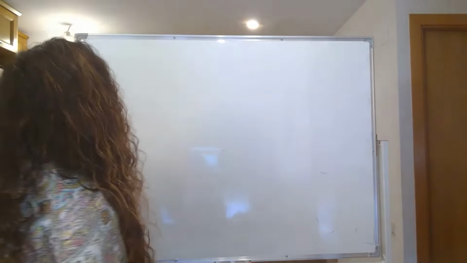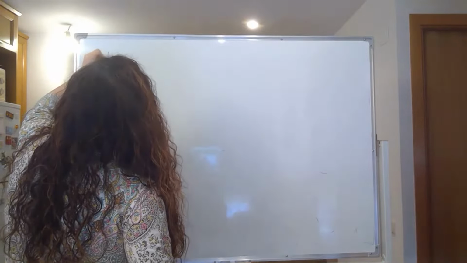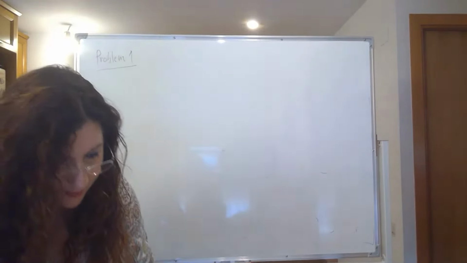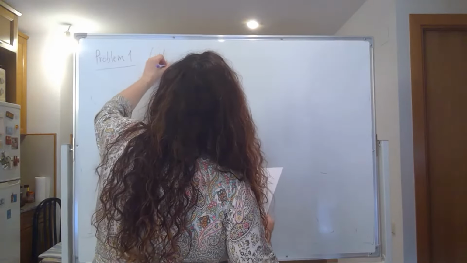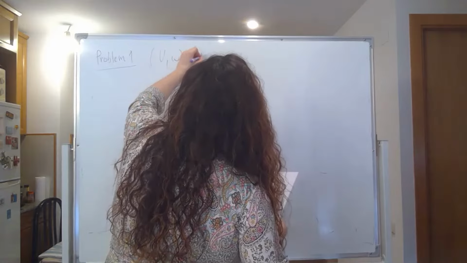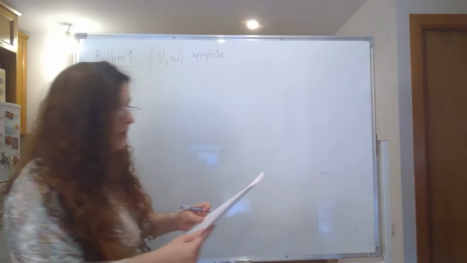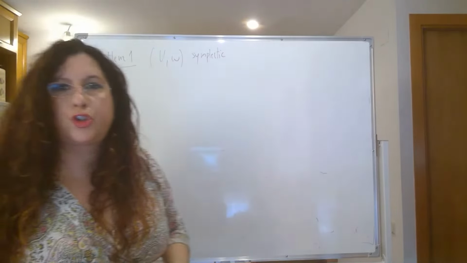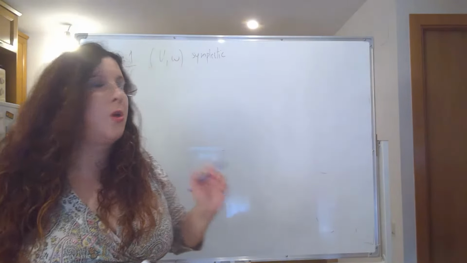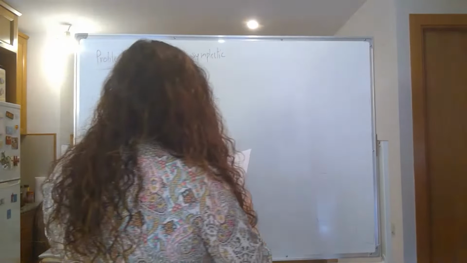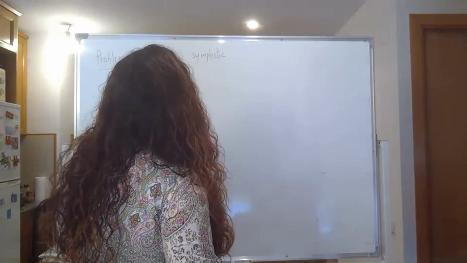Okay, so problem 1. I did problem 11, now I do problem 1. We have a symplectic vector space. Okay? And we have to show that any codimension 1 subspace Z is coisotropic.